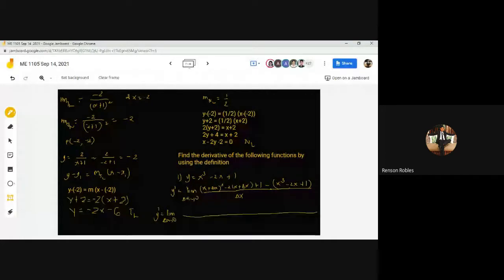And then you expand this, x plus delta x cube. Cube of the first, so that's x cube. Plus thrice the product of the square of the first and the second. Plus thrice the product of the first and the square of the second. Plus cube of the second.